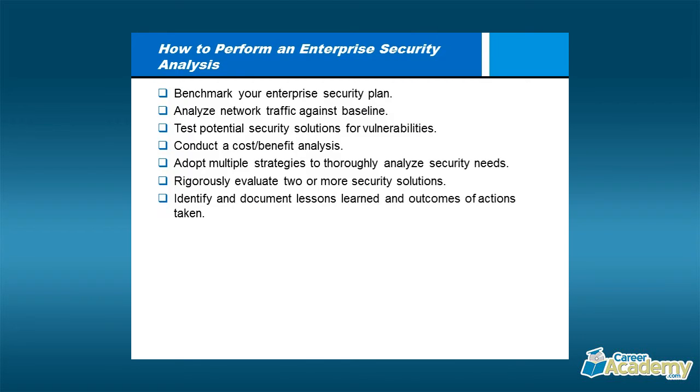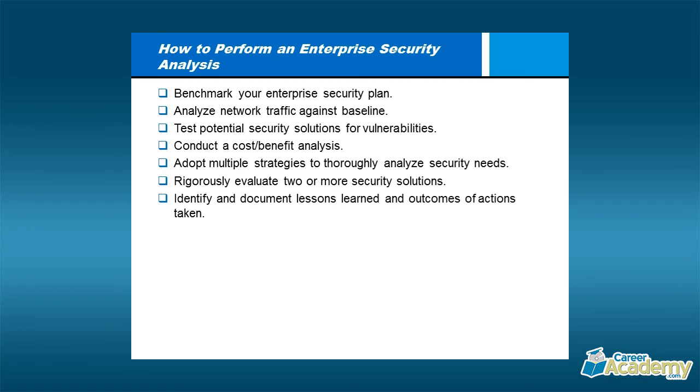So again, as a review, when we talk about how to perform the enterprise security analysis, again, benchmark your enterprise security plan, analyze your network traffic against that baseline, look for the anomalies, look for changes.